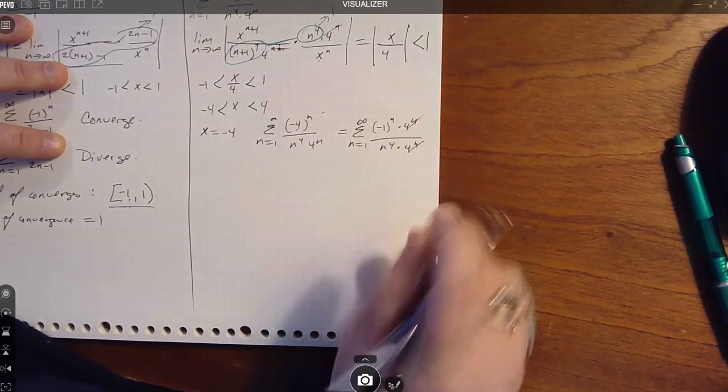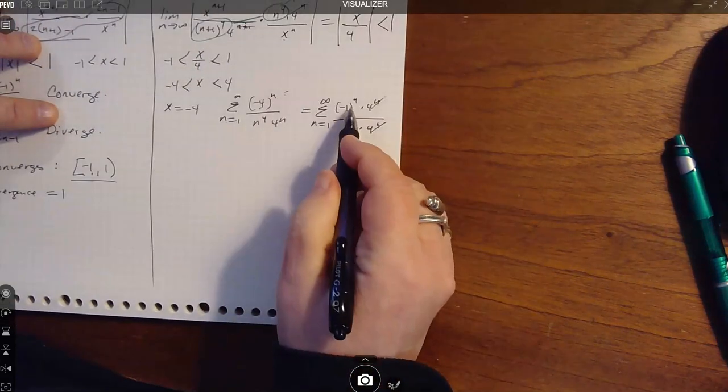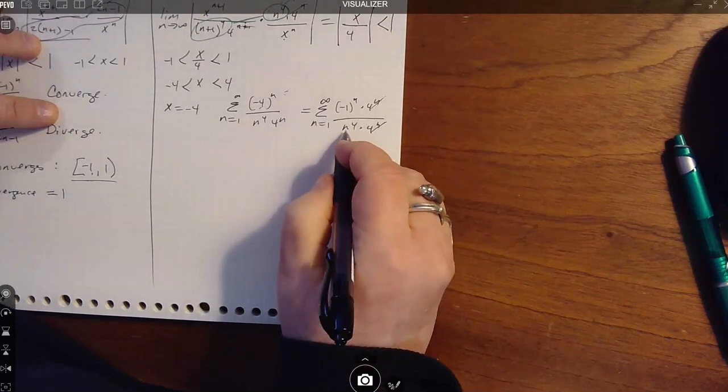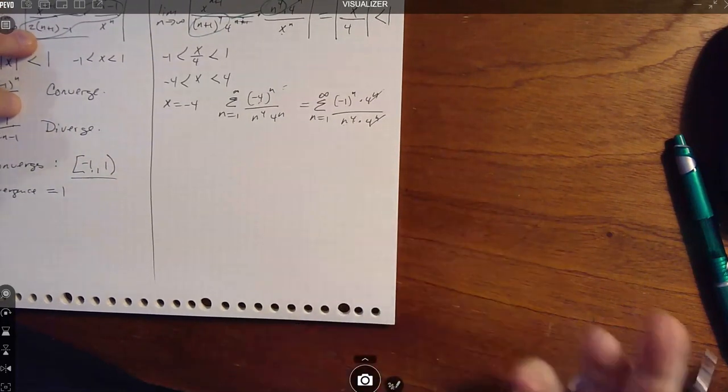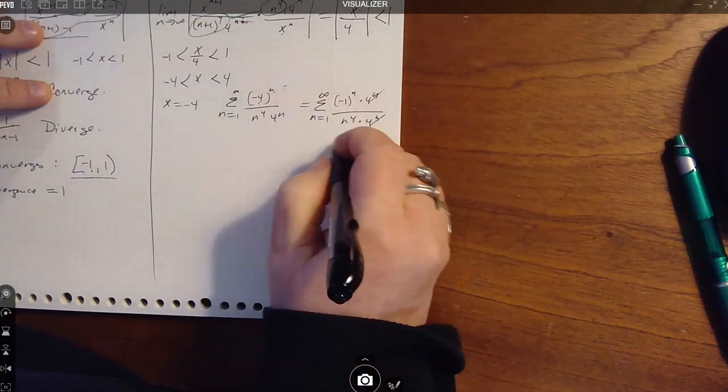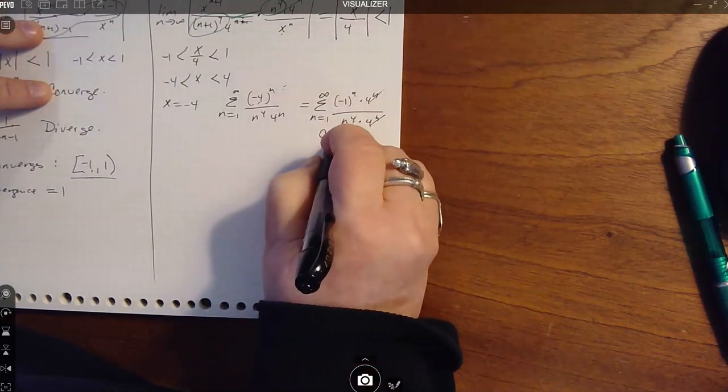So those cancel. I've got alternating, but I really don't care that it's alternating because n to the 4th, my p is equal to 4. It's big enough so that it converges on its own. So this converges.